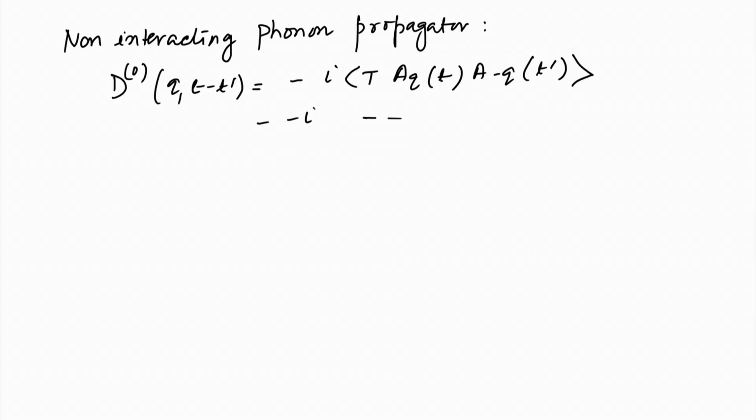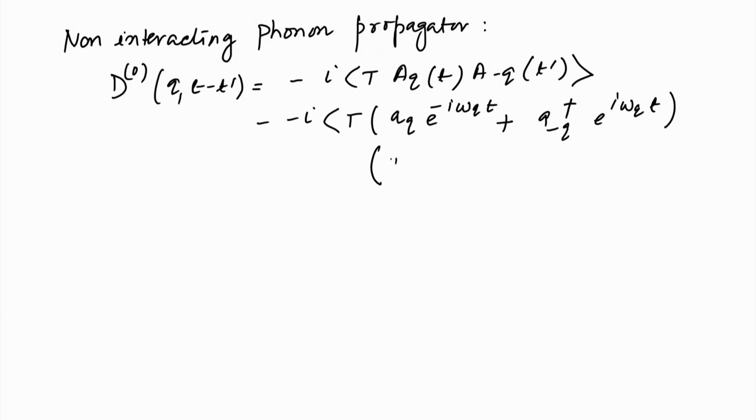It is equal to minus i, time ordered, of a q exponential minus i omega q t, plus a minus q dagger exponential i omega q t, and a minus q exponential minus i omega q t prime, plus a q dagger exponential i omega q t prime.